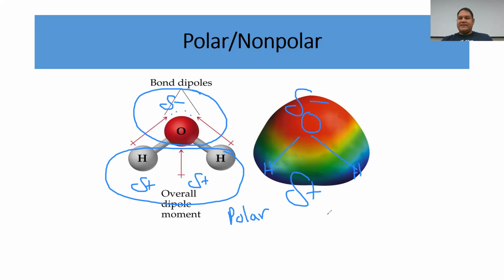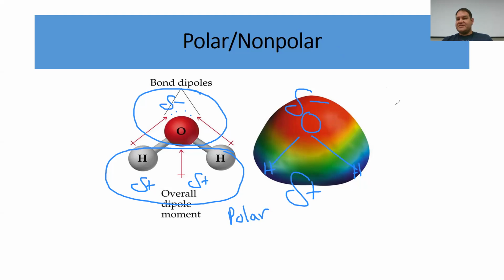So the key is to draw those dipole arrows and to see if those dipoles are going to go in opposite directions or the same direction. If they're going in the same direction, you got a polar molecule. If they go in opposite directions, you got a nonpolar molecule, okay?